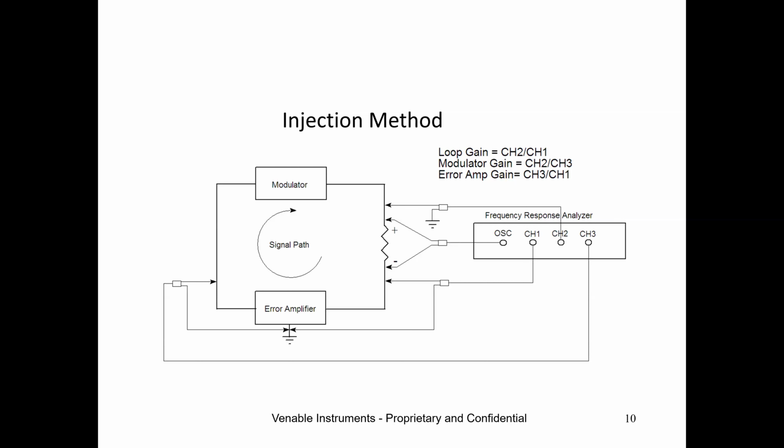Okay, I see. And then let's say I do this injection method, I take the measurements, I look at the Bode plot, and I don't like where the crossover frequency is. So I could use your software and it would tell me what components I would need to set the crossover frequency and desired phase margin.